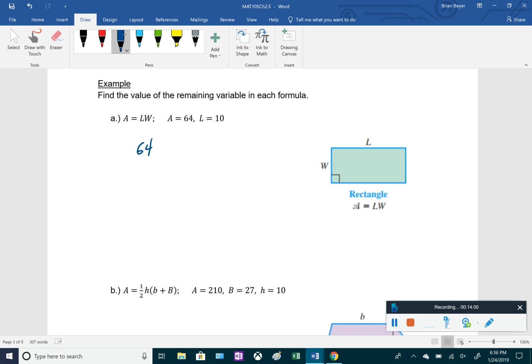So we get 64 equals 10 times W, and we want to solve that for W. So we just have to divide both sides by 10. That's going to give us W is 64 over 10. So I'm just going to write that as a decimal and actually compute it. That's going to be 6.4.